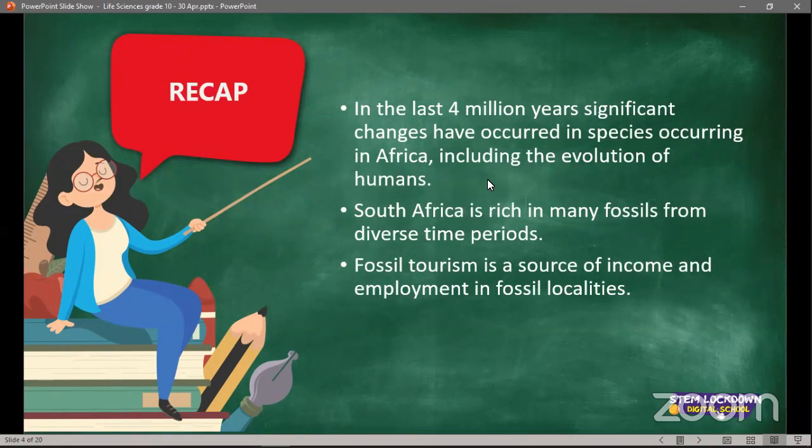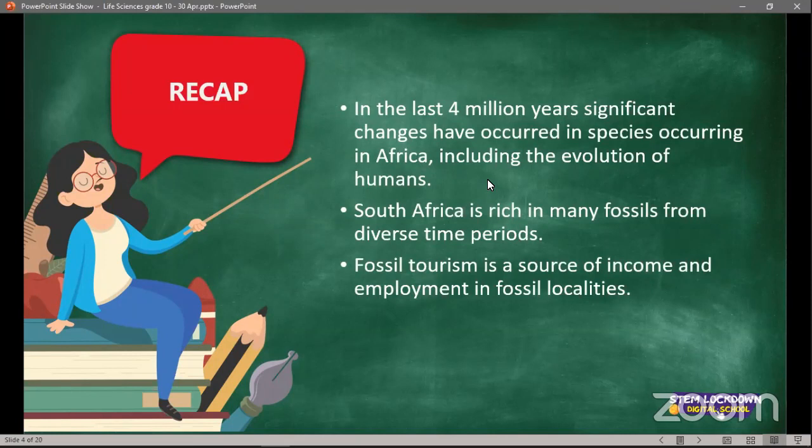Some of these fossils that we talked about yesterday, we mentioned the Glossopteris, which is a cone-bearing fossil plant. That plant led to the coal deposits that we see today in South Africa.